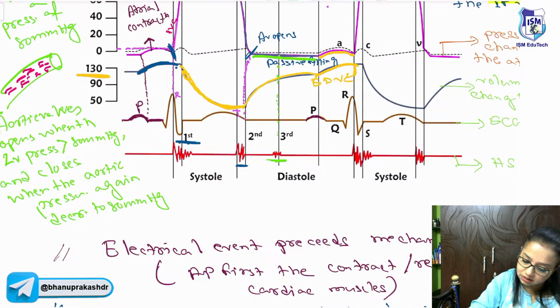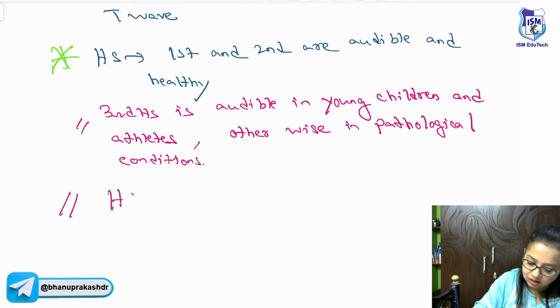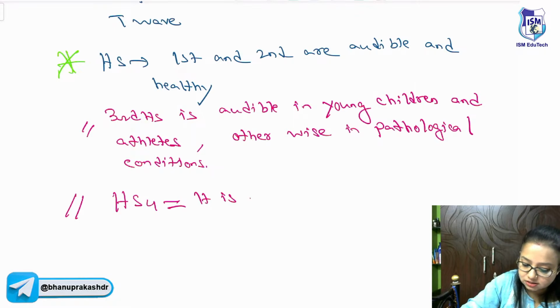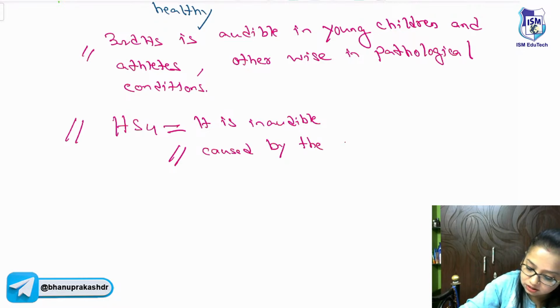Here you see the fourth heart sound is not shown, but actually the fourth heart sound is not audible normally. There is a heart sound 4. It is inaudible and it is caused by the atrial systole.